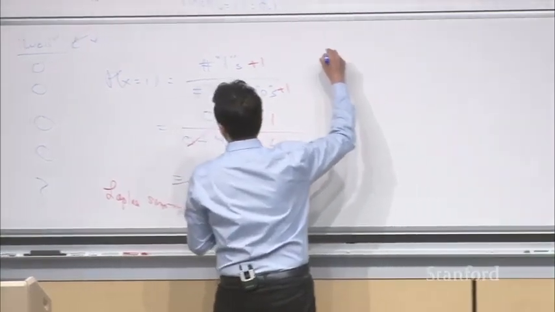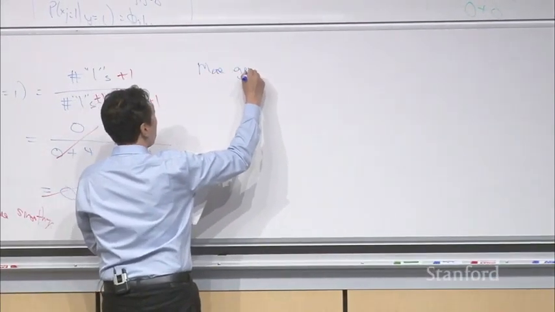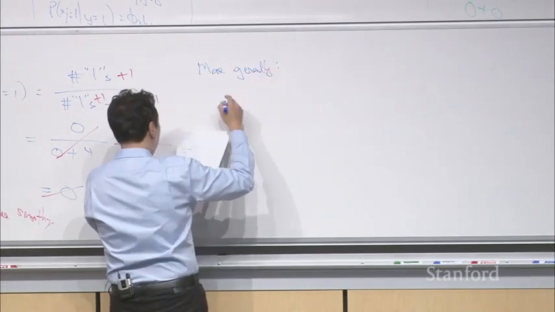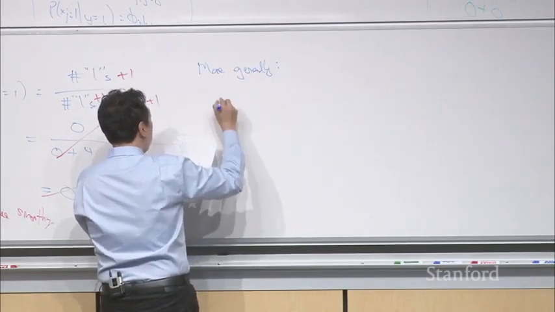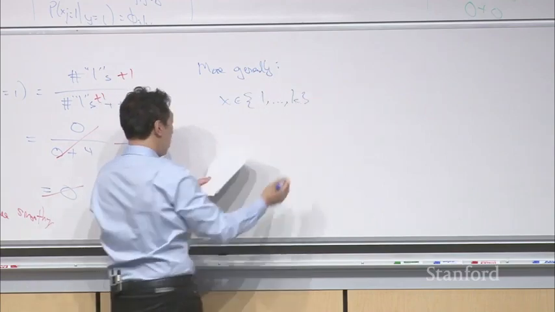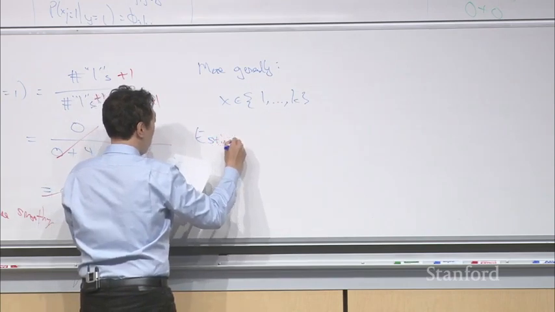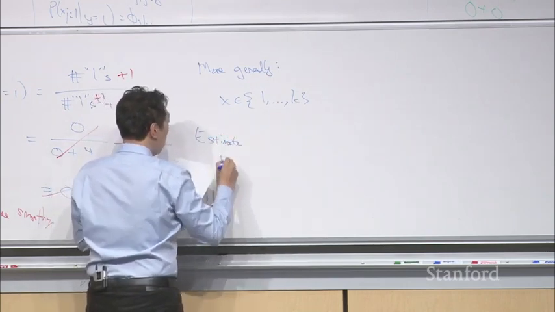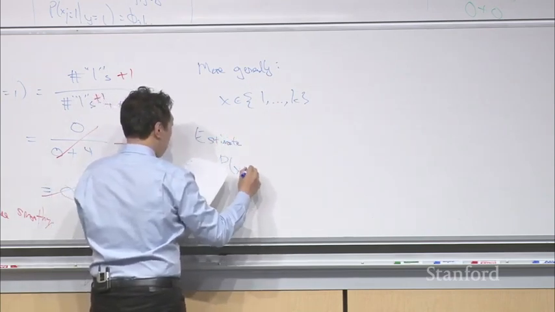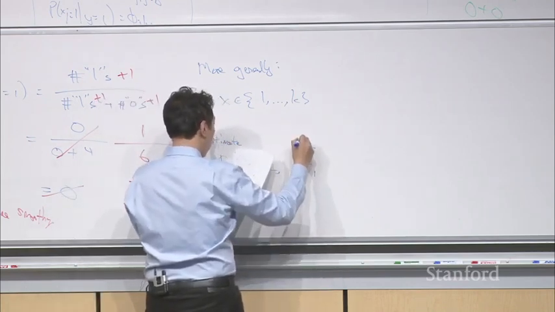And more generally, if you're estimating probabilities for a k-way random variable, then you estimate the chance of x being i to be equal to this.